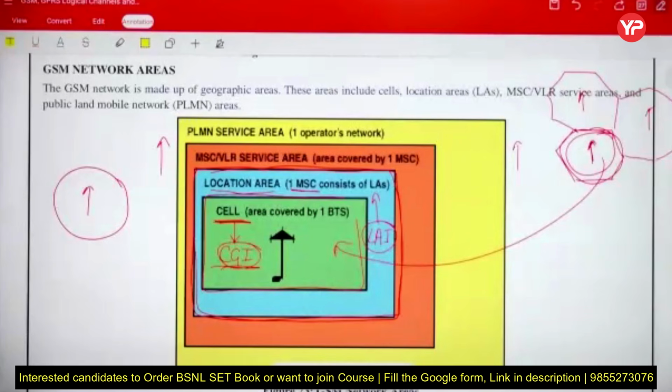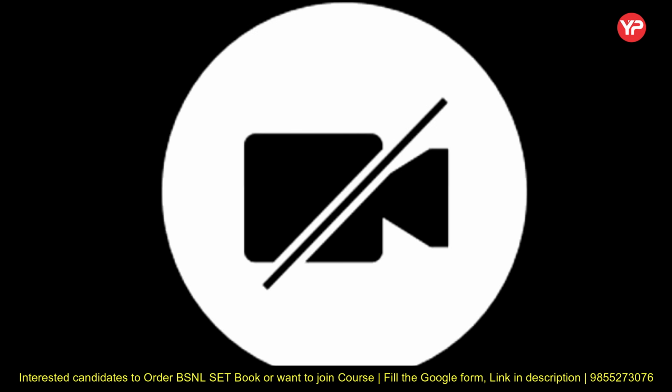PLMN is generally named as public land mobile network. This public land mobile network will cover a complete operator. One operator's network is that one, and that is public.